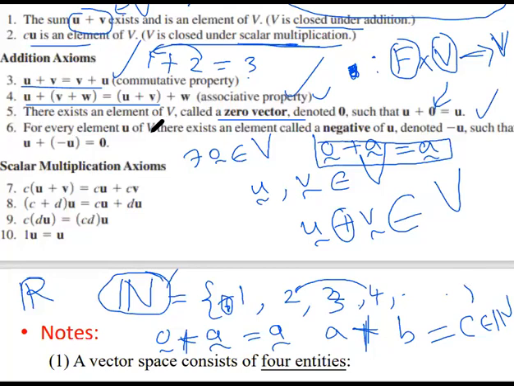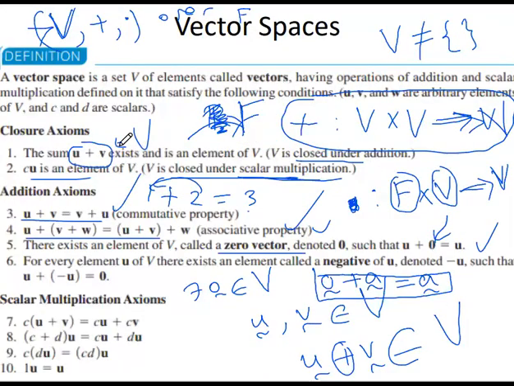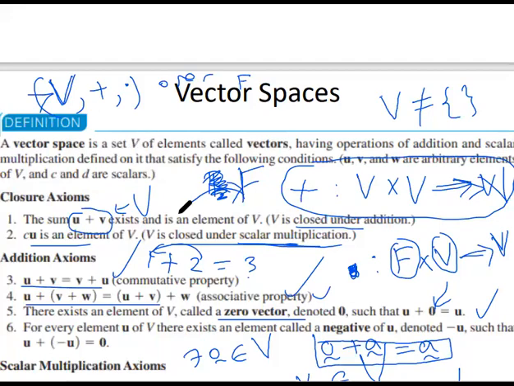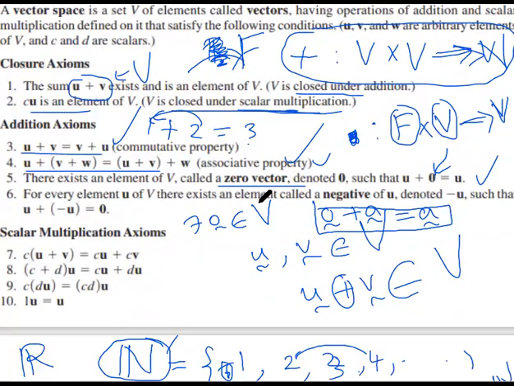So the next one is the inverse, or negative. The additive inverse: for any element in V, there exists an element called the additive inverse, or negative, such that this one is true.